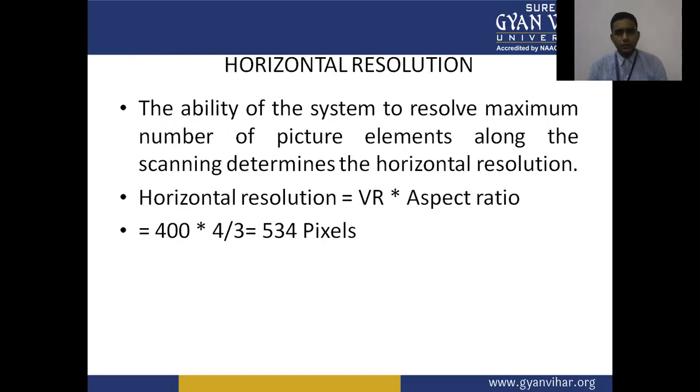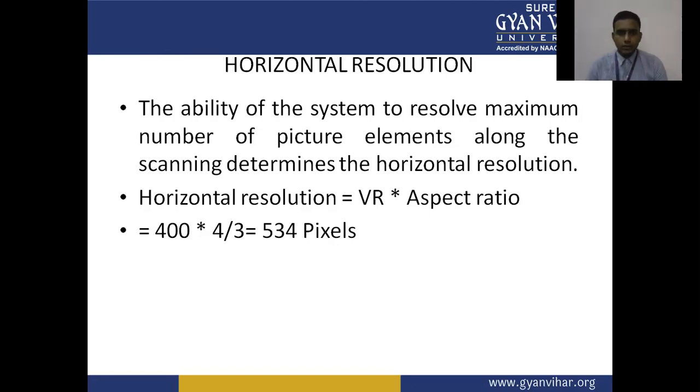Next, we have horizontal resolution. The ability of the system to resolve the maximum number of picture elements along the scanning line determines the horizontal resolution. Horizontal resolution is VR times the aspect ratio, where VR is the vertical resolution, 400, and the aspect ratio is 4:3. So 534 pixels.